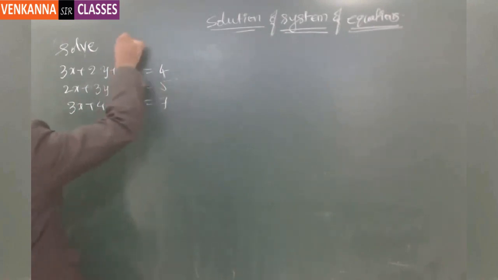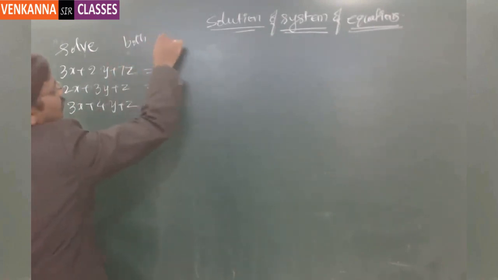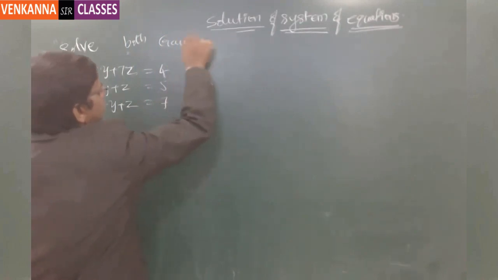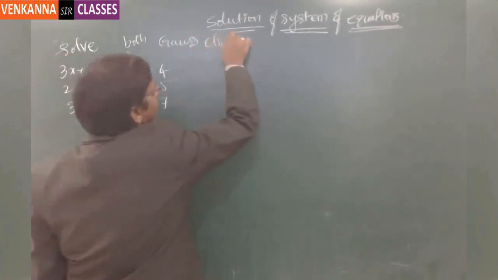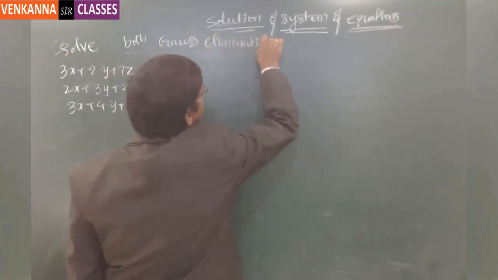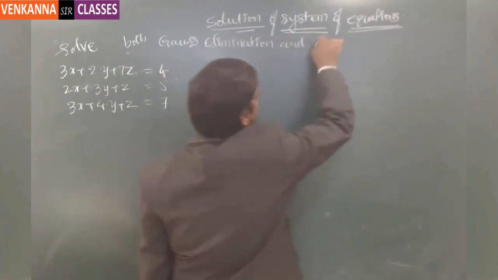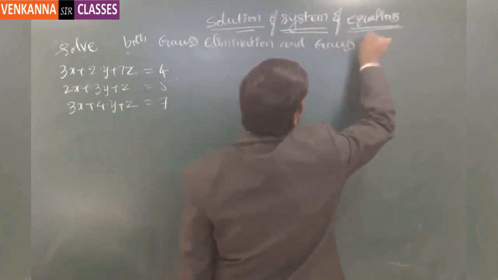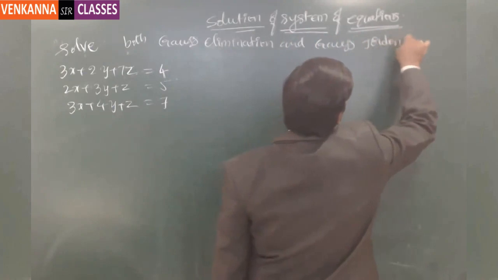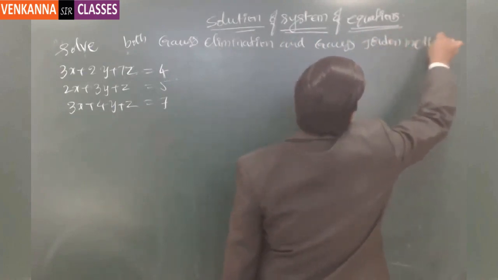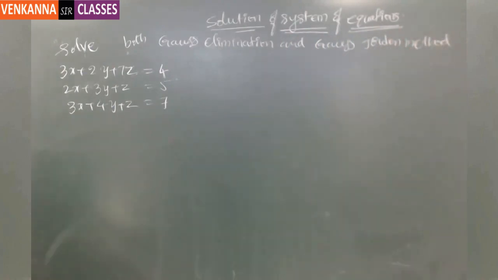So use both the Gauss elimination and the Gauss Jordan method. Can you try to solve this on your own? So let me solve it.